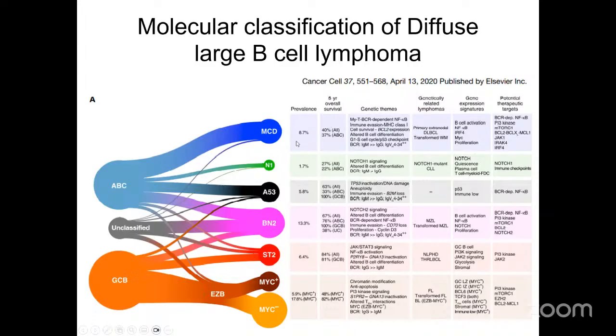And this is important because of potential therapeutic targets, potential other prognosis, like these tend to be more aggressive, these tend to have a poorer prognosis. And then there are other categories based on Notch1 signaling, they called it N1 and TP53, the A53 group.